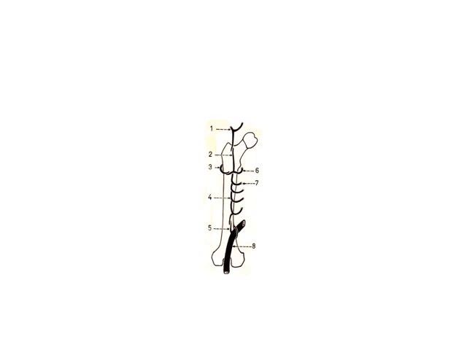As I mentioned in the previous slide, the medial circumflex femoral passes backwards to the back of the thigh, and here it is in the back of the thigh, and we see that it gives off an ascending branch, number 2, which joins the inferior gluteal, as I mentioned, and a transverse branch that joins the transverse branch of the lateral circumflex femoral, number 3.